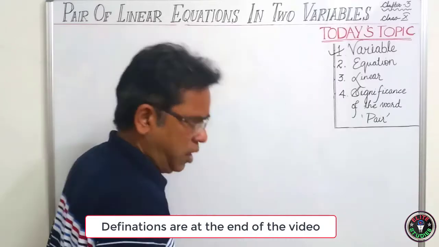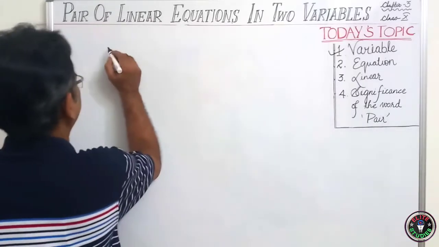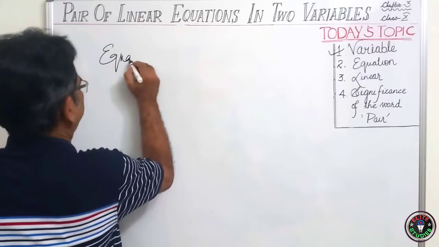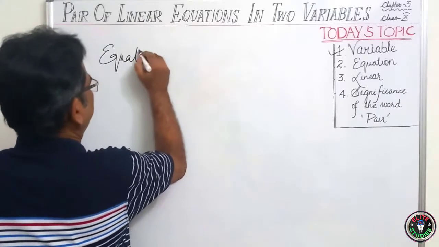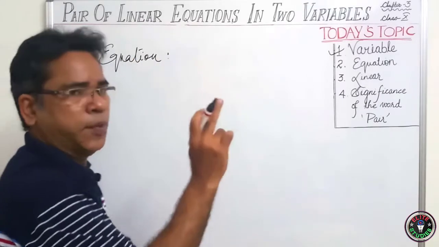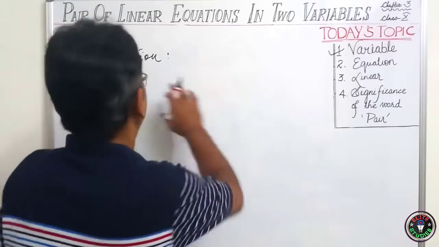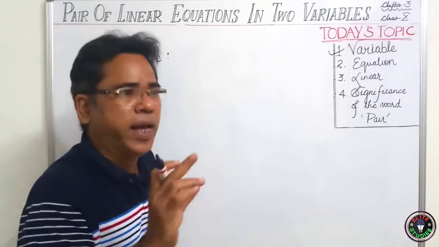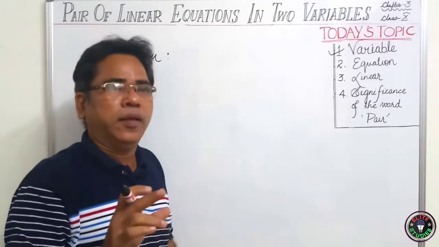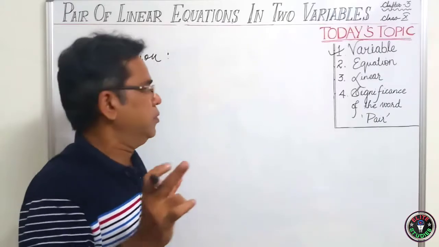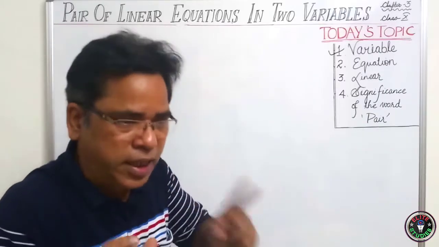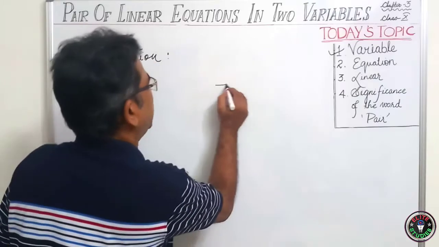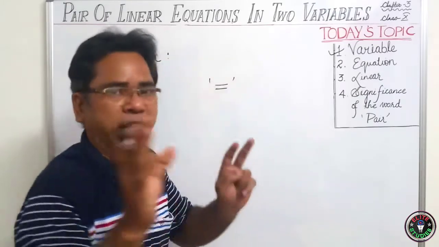Now next, what is an equation? Equation comes from the word equal. So an equation in mathematics is defined as a mathematical statement consisting of an equal to sign between two expressions.